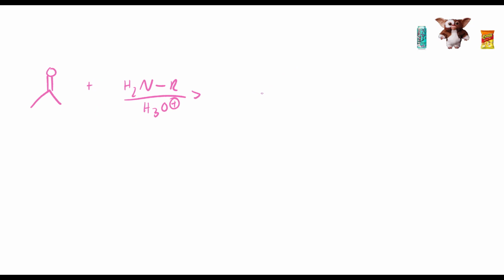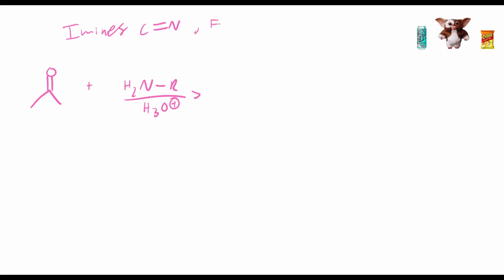Now we will be talking about imines and enamines, or if I'm saying it wrong, then correct me. The difference between imines and enamines is that imines have a carbon double bond to a nitrogen.